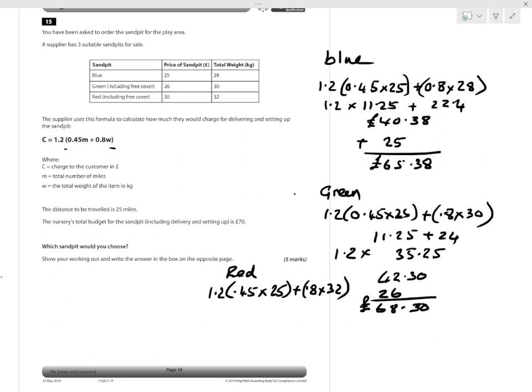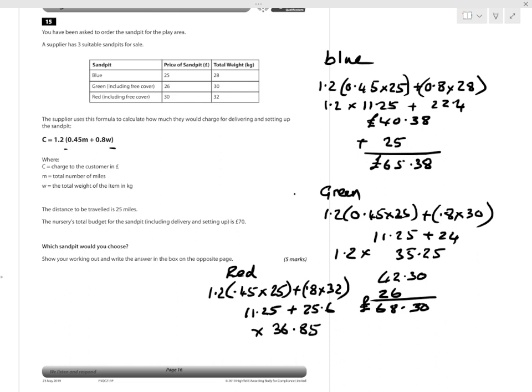Okay, so 0.45 times 25 is 11.25 again, and 0.8 times 32 is 25.6. 25.6 plus 11.25 is 36.85.